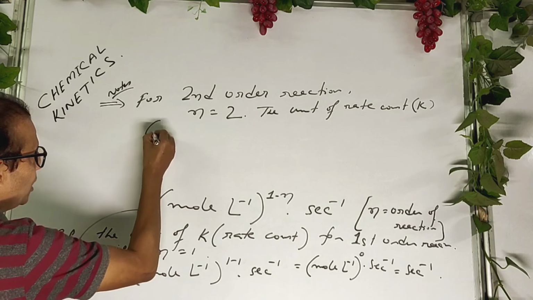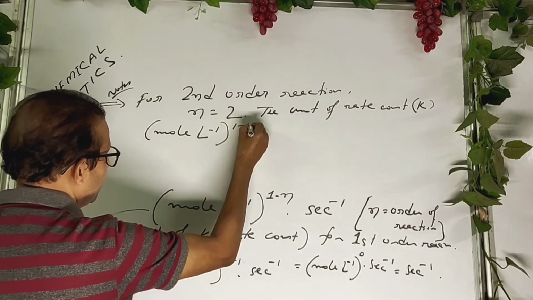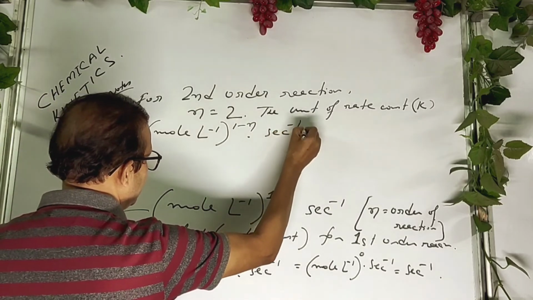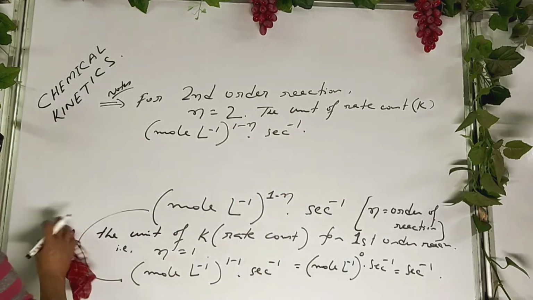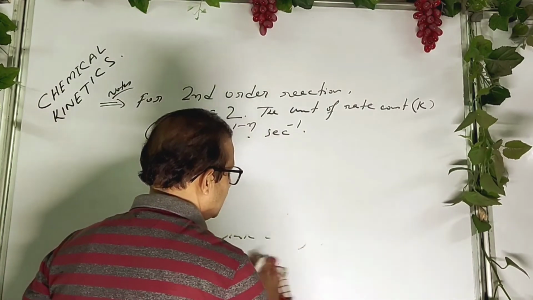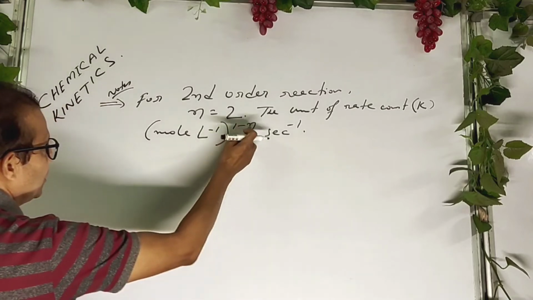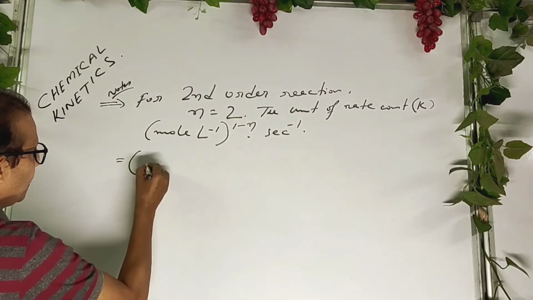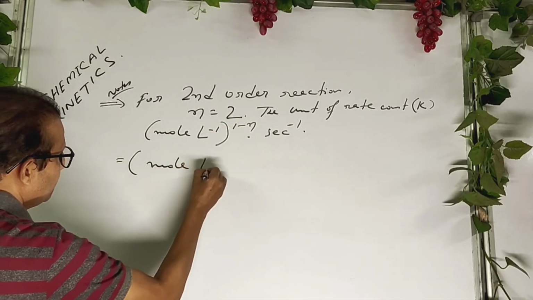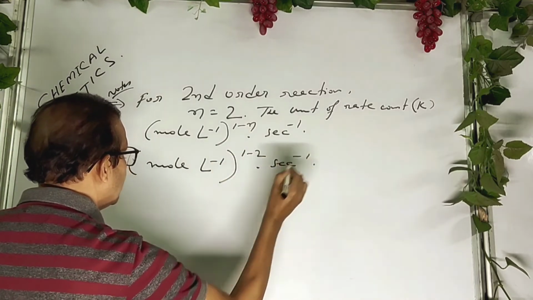just put into the formula: mole per liter to the power 1 minus n into second inverse. It may be minute, it may be hour. So as it is mentioned that the reaction is of second order, n equals 2, mole per liter to the power 1 minus 2 into second inverse.